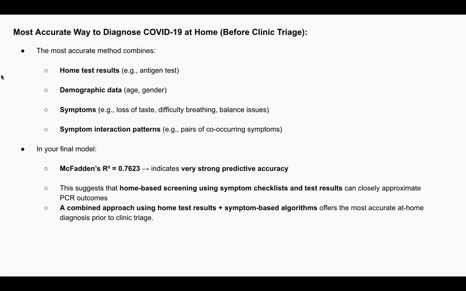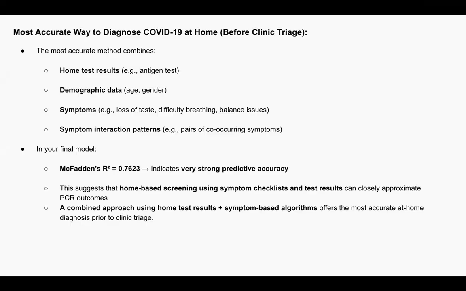So one of the last questions is, what is the most accurate way to diagnose COVID-19 at home before clinic strategies are used? So we used multiple different ways: home test results, demographic data, symptoms, and symptom interaction patterns between multiple patients.